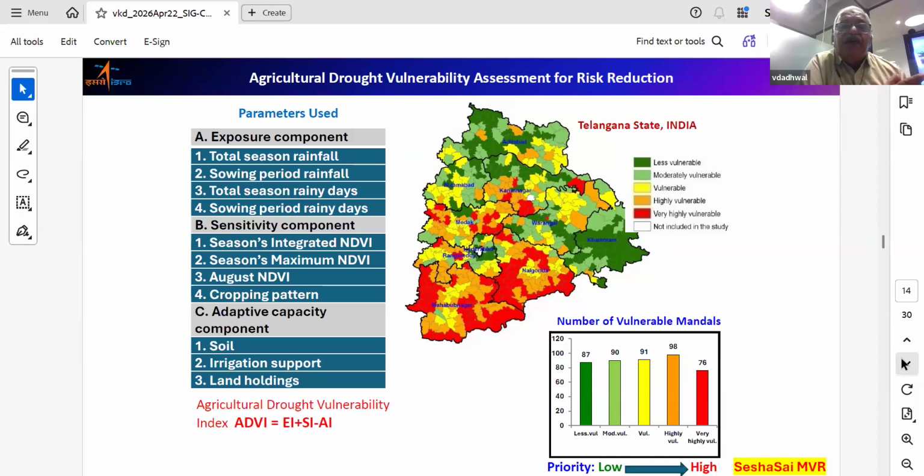So once you combine everything, you can have the vulnerability assessment or the readiness for resilience, and then do proper intervention so that all the farmers get protected.